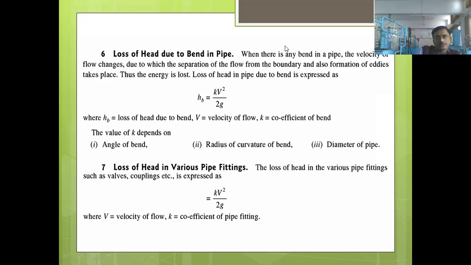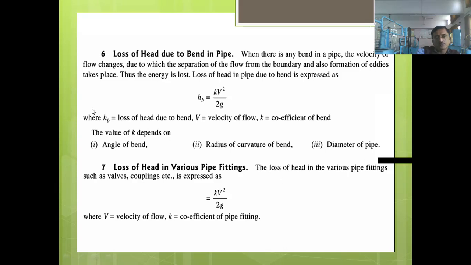The value of K depends on, first, angle of bend, radius of curvature of bend, and diameter of pipe, not bend.